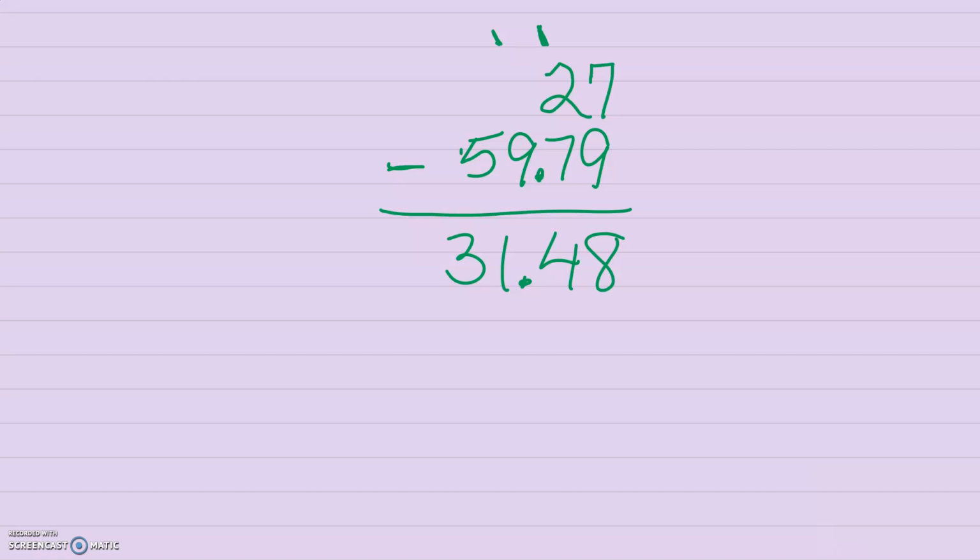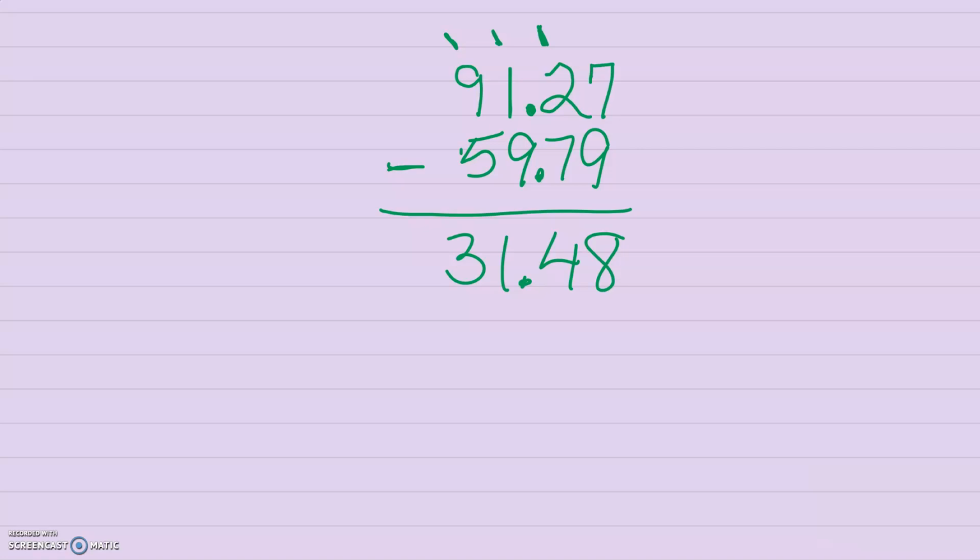All right, so 1 plus 9 is 10, plus the 1 up here that we regrouped. So that's 11. So we're going to write down our 1 and regroup our 1. Three plus 5 is 8, plus the 1 we regrouped is a 9. All right, now we need to put our decimal point in.